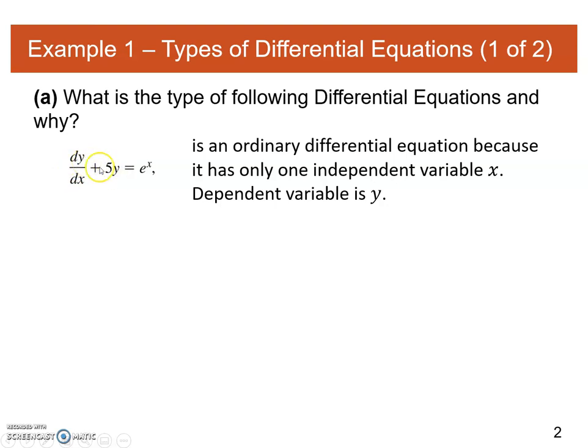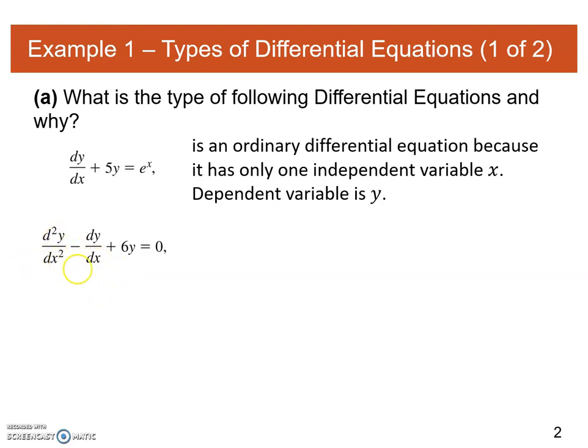which is also 1. If we need to determine whether an equation is an ordinary or partial differential equation, we have to look at the number of independent variables. So one variable, it's an ordinary differential equation. This second equation is also an ordinary differential equation because it has only one independent variable x.